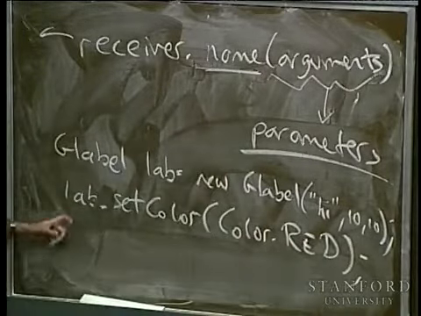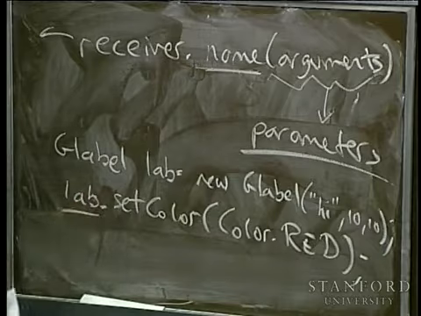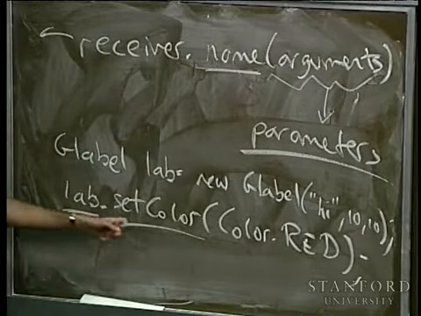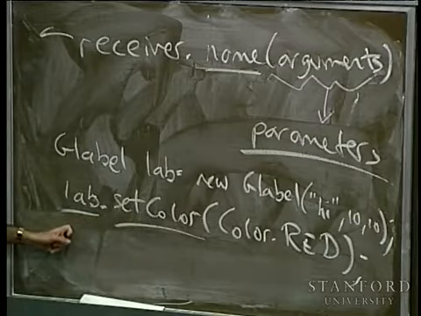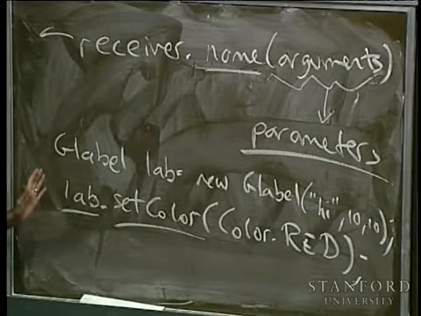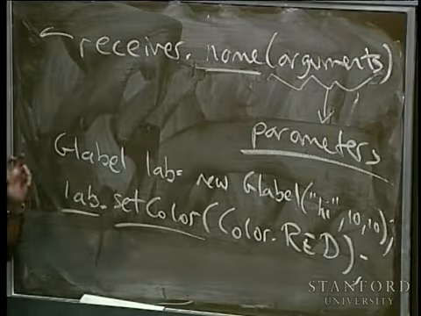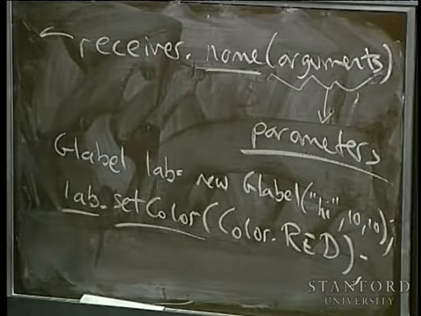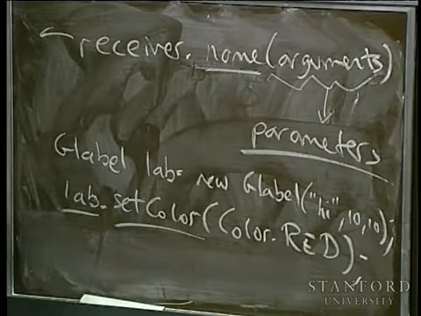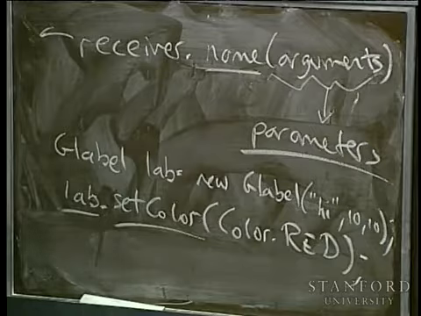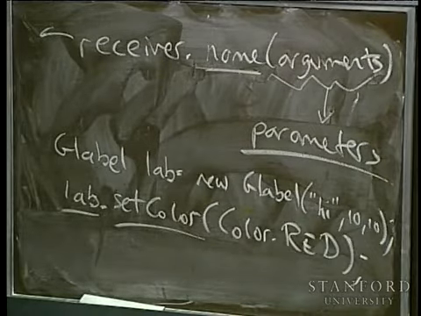Okay? So when I've done that, lab is the receiver, the method name is called setColor, and alternatively I would say that I'm sending the setColor message to lab. That's just terminology that we use, you should just be aware of it. So setColor is the message that we're sending. That's the receiver of the message. Same kind of thing as the name of the method and the receiver of that method, or making a method call or a method invocation. Those names just get used interchangeably.